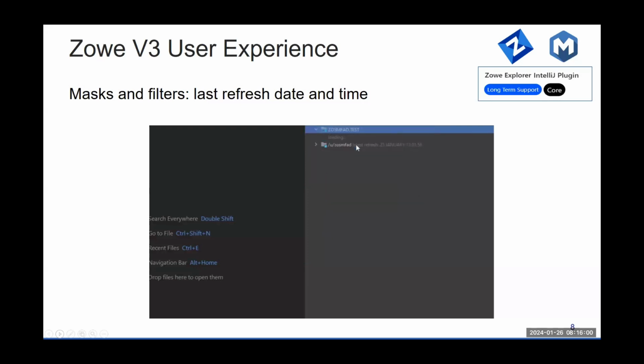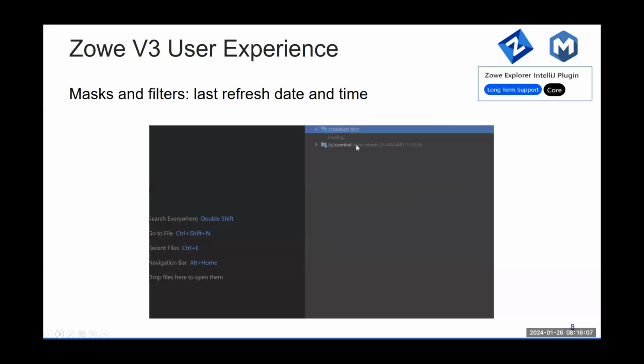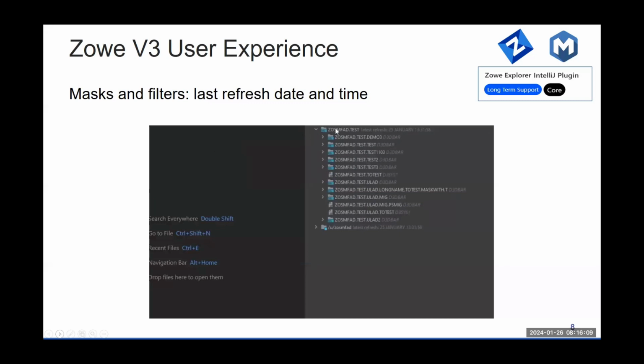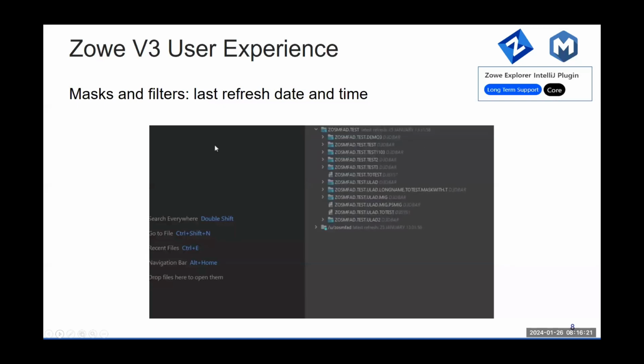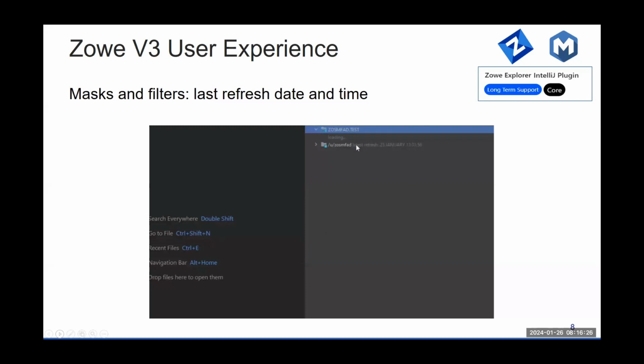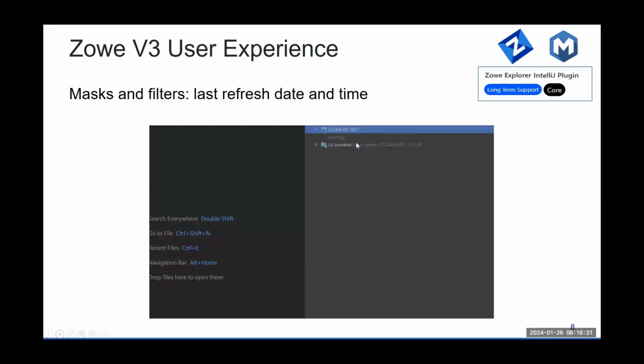But for the user, it's not possible to see when the last refresh was triggered. So with the new version, we are introducing this functionality. Now it will be possible for users to see when the last refresh was triggered. It would also apply to JES Explorer, I believe. But the major change is for masks and filters in Files Explorer. Okay, next slide, please.